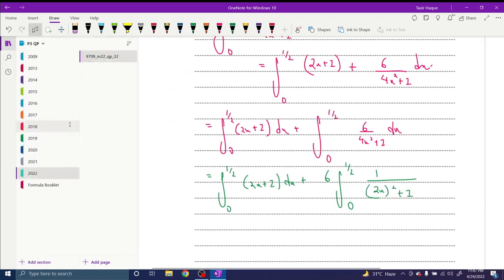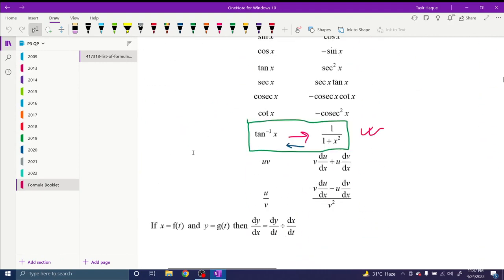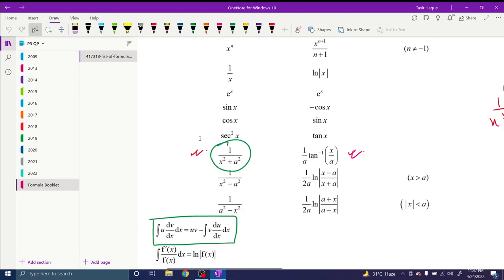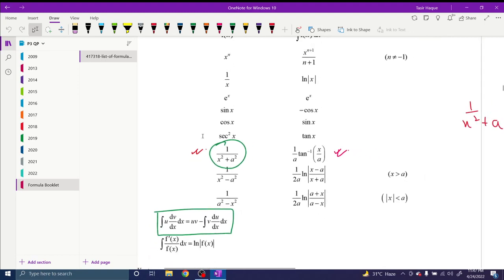So look at the formula sheet. We know that the integral of 1 by x square plus a square is equal to 1 by a tan inverse x by a.